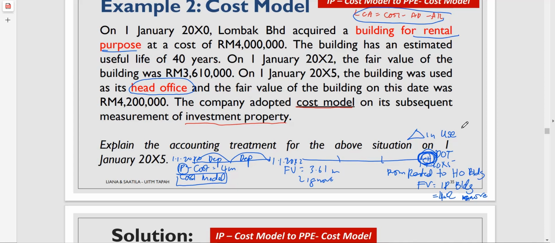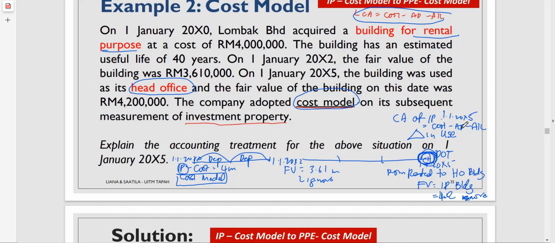So the measurement here would be at the carrying amount of IP, because IP uses the cost model. So the carrying amount of IP at this point on 1st of January 20x5, you need to find out, taking cost minus accumulated depreciation minus accumulated impairment loss. So that is what you need to do.